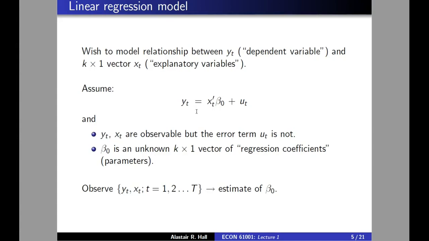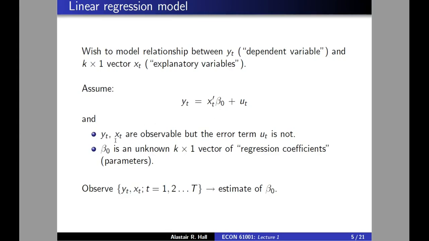So we can write our model out as follows: y_t is equal to x_t prime beta 0 plus u_t. You can verify for yourselves that if we multiply out x_t prime beta 0, then we obtain a linear combination of the explanatory variables with the weights in this combination given by the elements of beta 0.